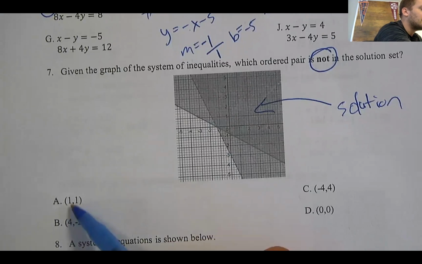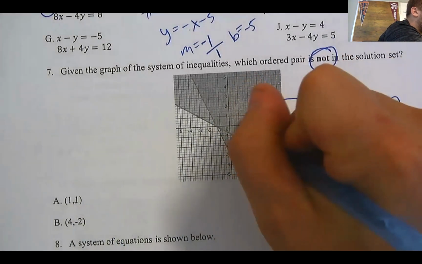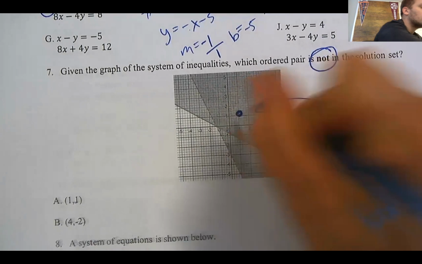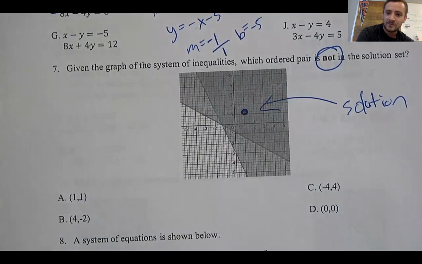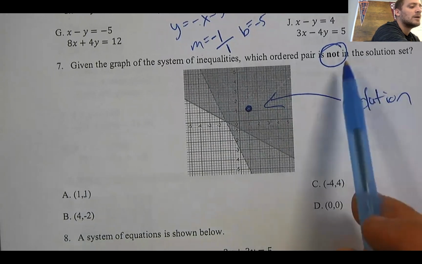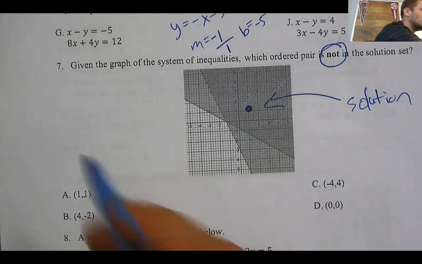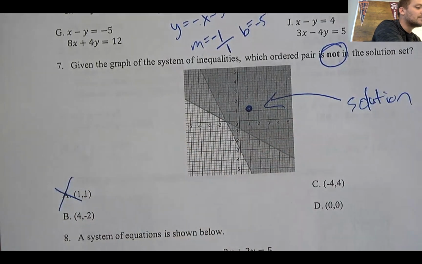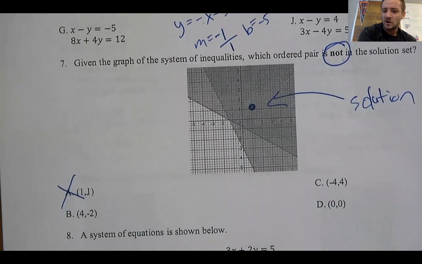For instance, answer choice A says the point 1, 1. That's right there. Guess what? That is in our dark shaded area, which means 1, 1 is a solution. But we are looking for which point is not a solution. So answer choice A is out. All right. I'm going to go through this in an odd order just because I already know the answer.